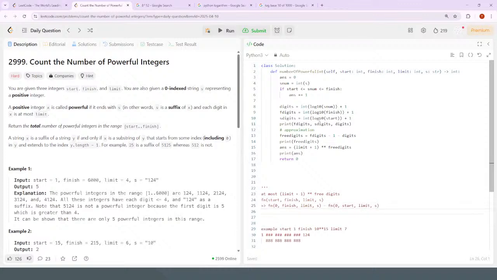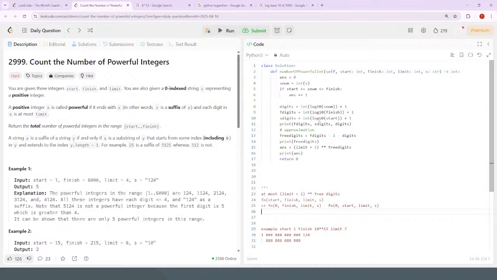So if I subtract out all the powerful values that are below start versus all the powerful values that are below finish, from 0 to start, 0 to finish, I should be able to get the powerful values between them.